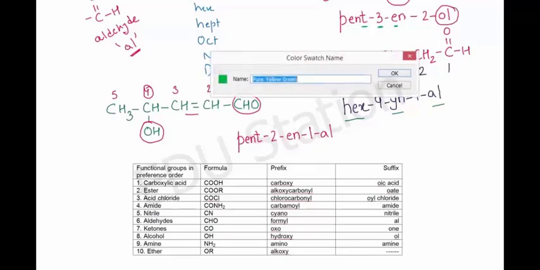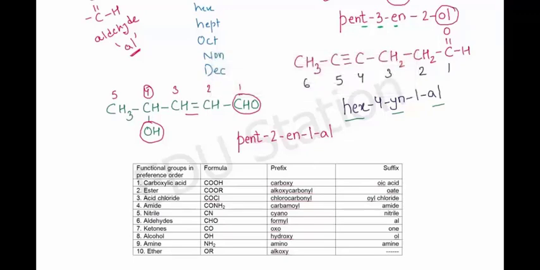If you recall the first name that we did, we used OL for alcohol, but OL is used when it is preferred. If it is not preferred, we use hydroxy, which is called as prefix.